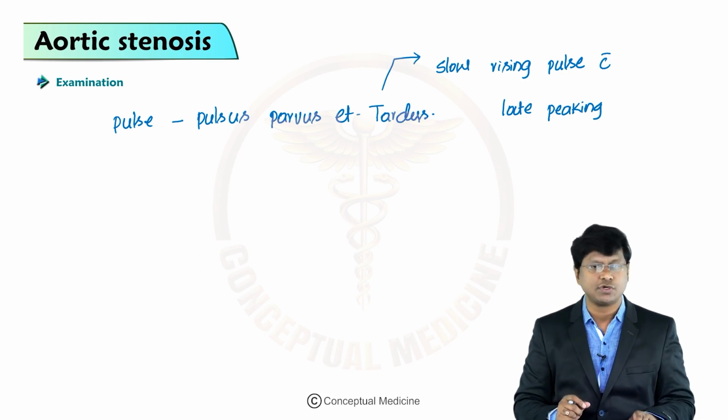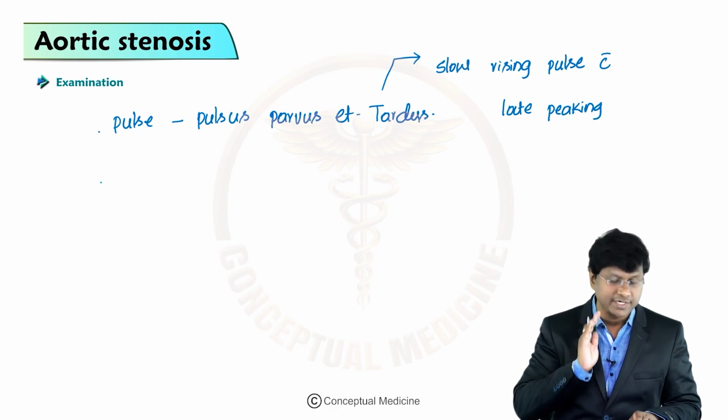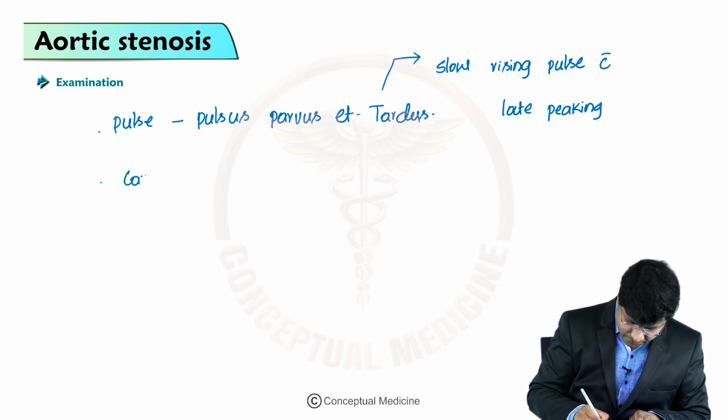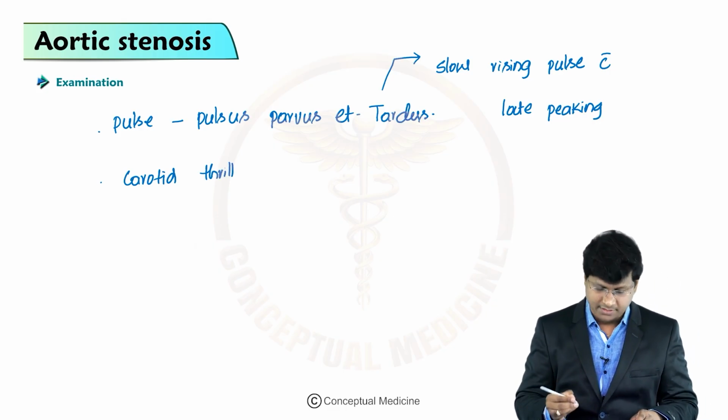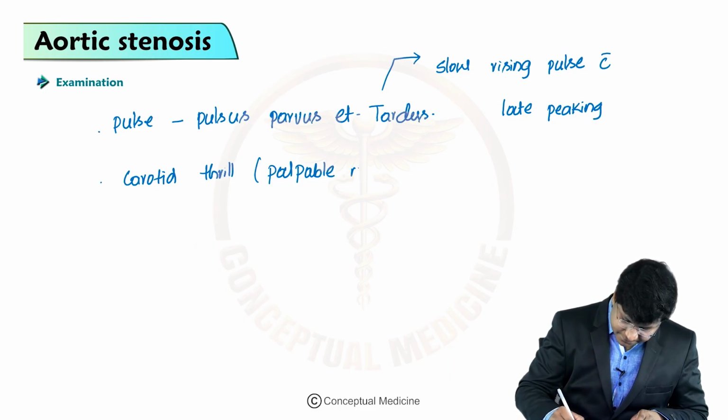I'll show you the image also of the pulsus parvus et tardus. And when you palpate the carotid artery, you will feel the carotid thrill. So what is this thrill? Thrill is nothing but a palpable murmur.